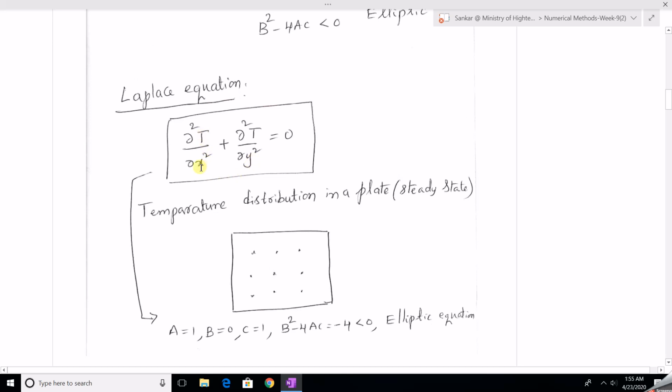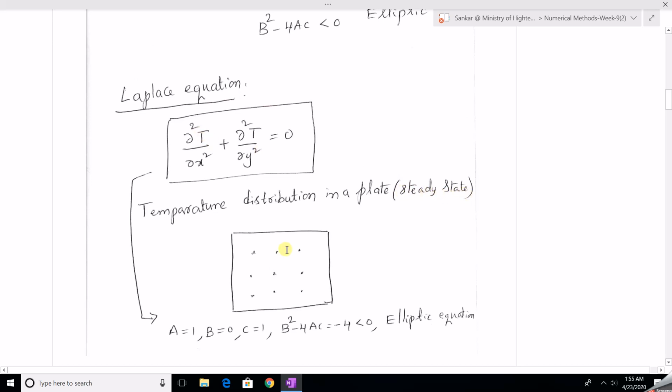So T depends on x and y. In fact, this differential equation gives heat distribution in a plate, and this is a steady state. That means the temperature, here capital T is the temperature, and the temperature does not depend on time. So we call it a steady state.